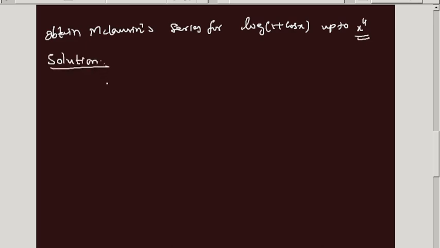So solution. We consider y equal to log of 1 plus cos x. So here we substitute the initial value, y of 0 equal to log of 1 plus cos 0, which is 1, we get log 2.